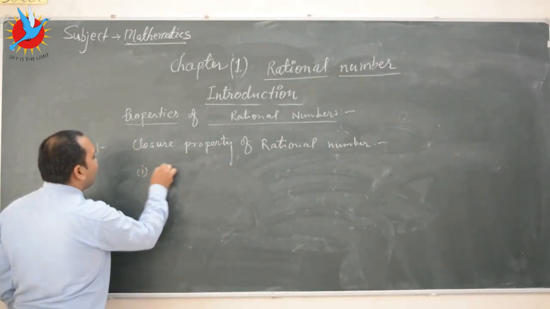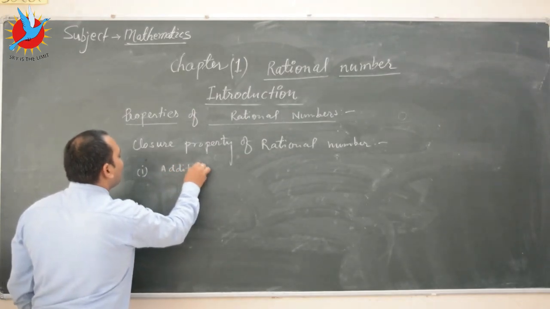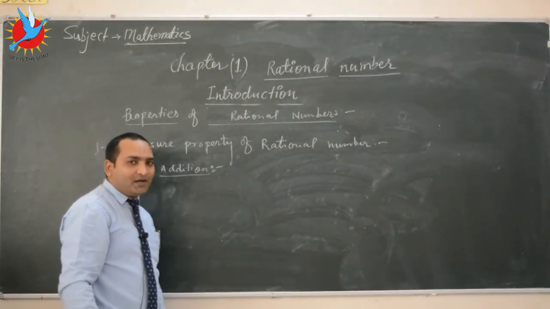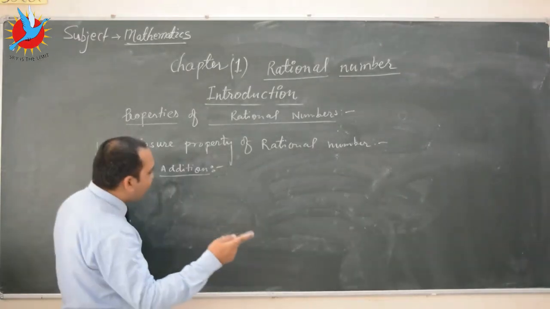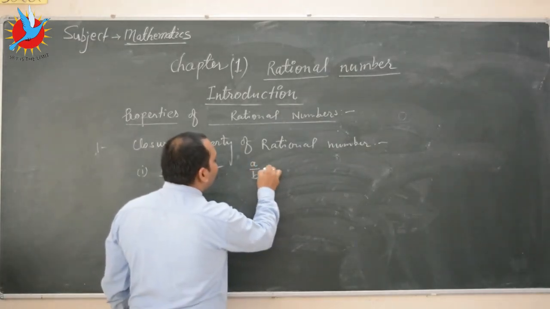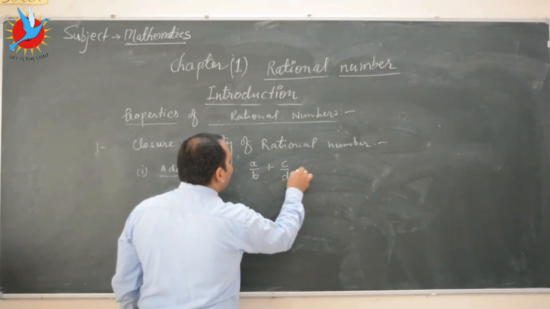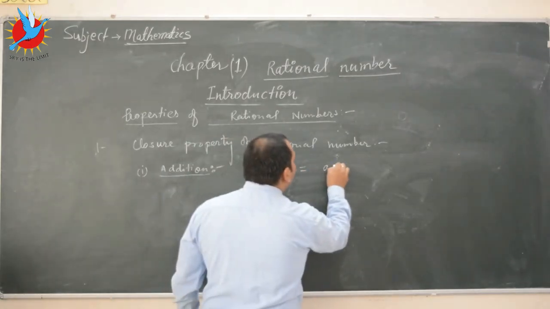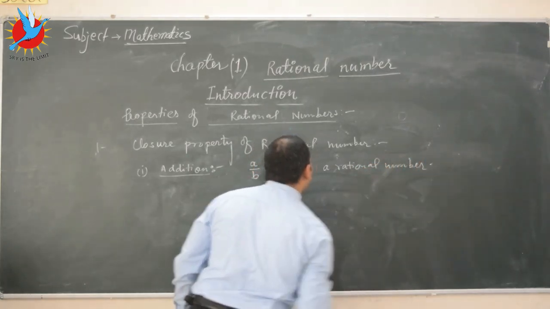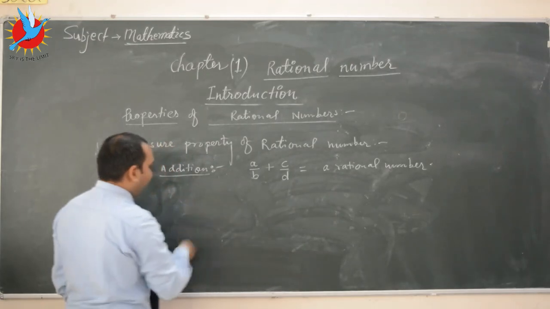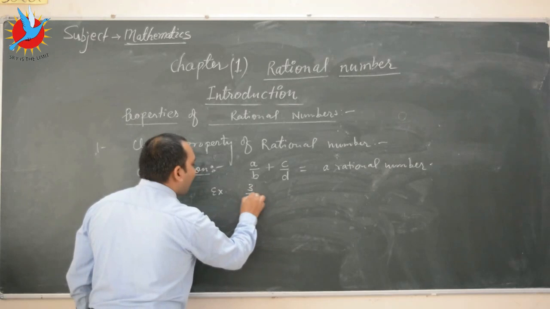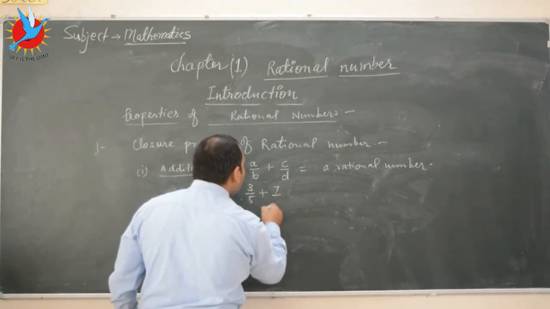First is addition. The closure property of addition states that if we add two rational numbers, then it will always be a rational number. For example, a upon b plus c upon d is always equal to a rational number. We take one example, 3 upon 5 plus 7 upon 5.